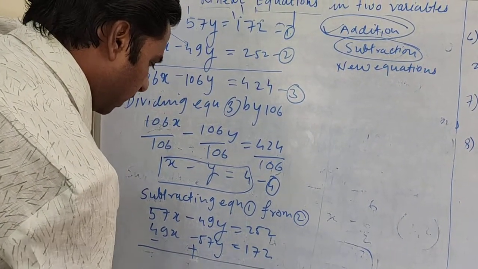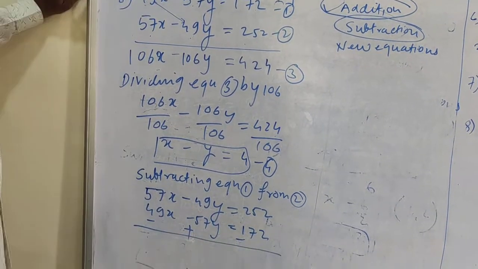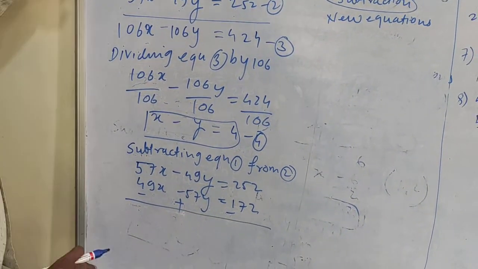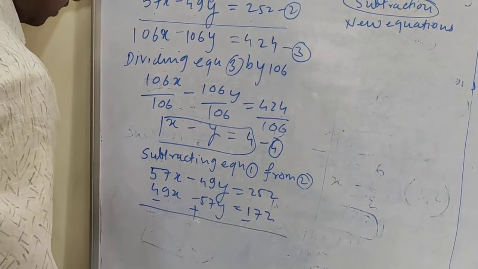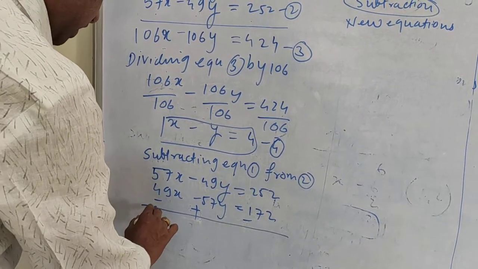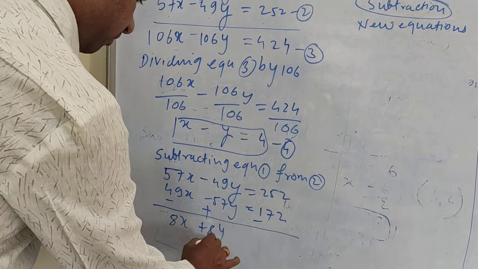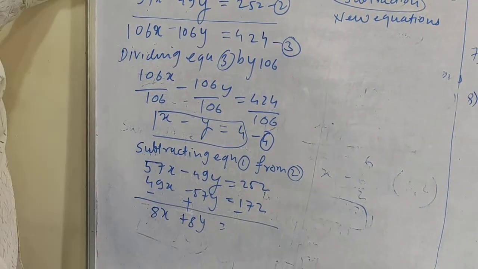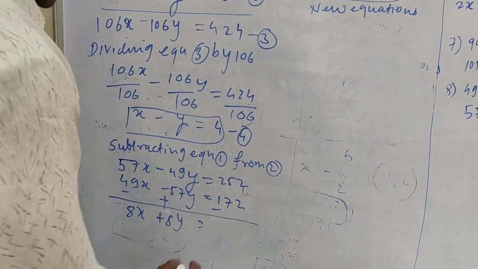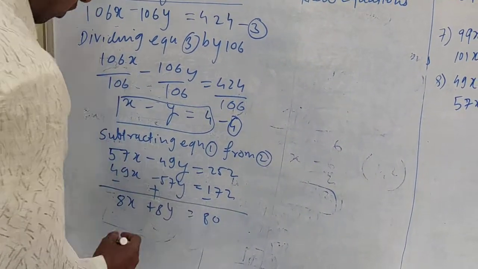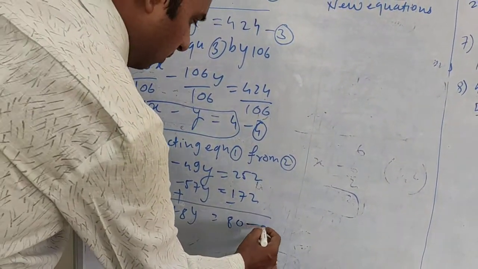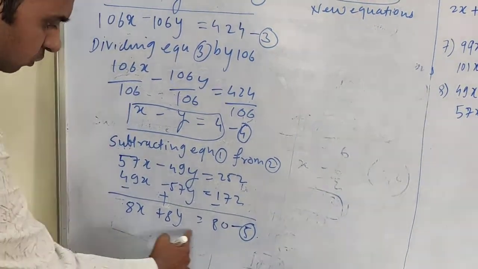Minus will become plus, this will become minus. Now check here, 57x minus 49x, this will be nothing but 8x, this will be 8y is equals to 80. Now this equation number is 5. Now we have to reduce this.